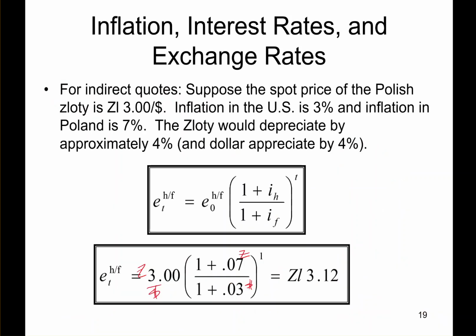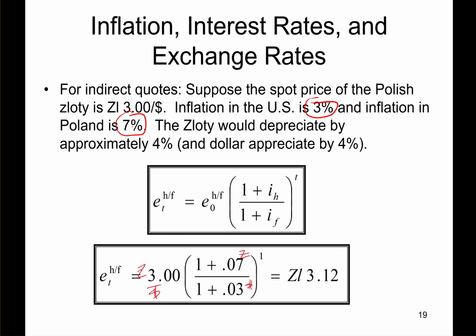So looking at another example for an indirect quote currency, suppose the spot price of the Polish zloty is 3 zloty per dollar. Inflation in the US is 3%, inflation in Poland is 7%. So remember, inflation is bad for a currency, according to this model: the country with the higher inflation, their currency will devalue, and the country with the lower inflation will appreciate.